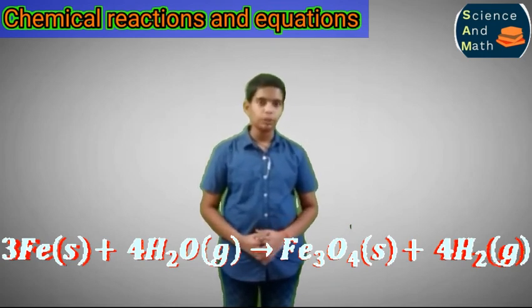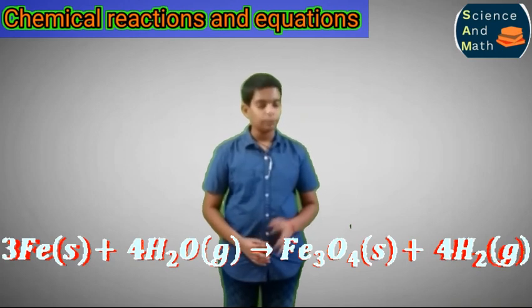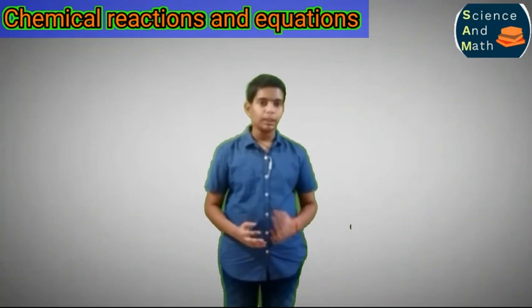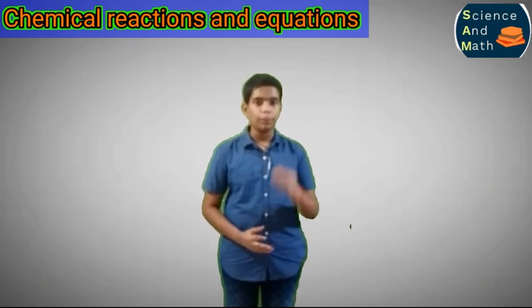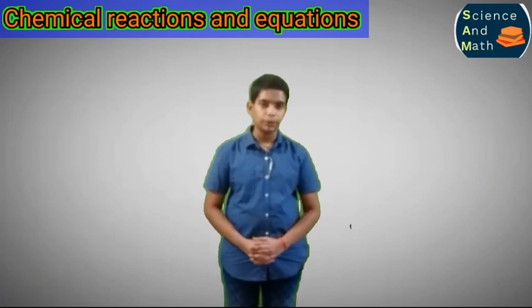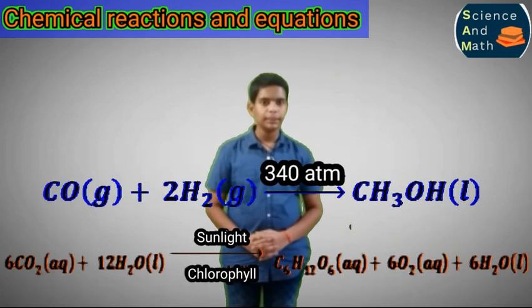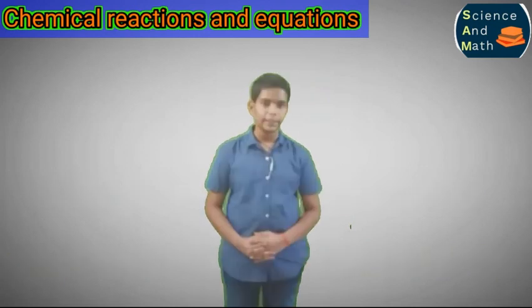Fe3O4 is also in solid state because it is iron oxide, and again 4H2 is gaseous state. There are many other chemical reactions in which the chemical reaction conditions are added above and below the arrow of the equation. Some of the examples are given here. These conditions include temperature, pressure and catalyst.